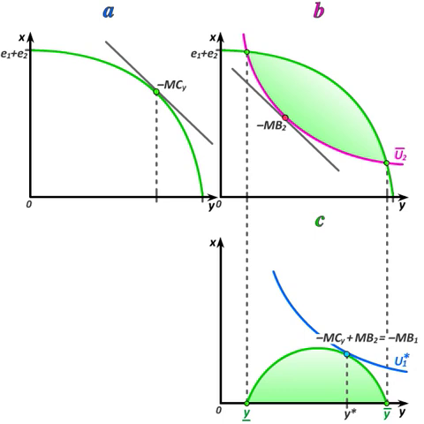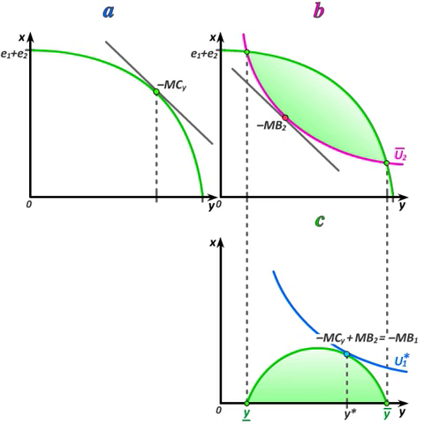Recall that it emerged when we subtracted the magenta indifference curve in panel B from the green production possibility frontier in panel B. The slope of the green production possibility frontier is minus the marginal cost of the public good, and the slope of the magenta indifference curve is minus the marginal benefit that individual 2 gets from public goods.